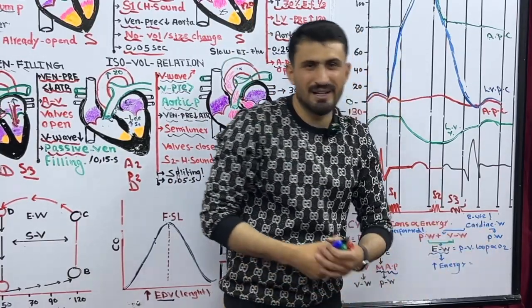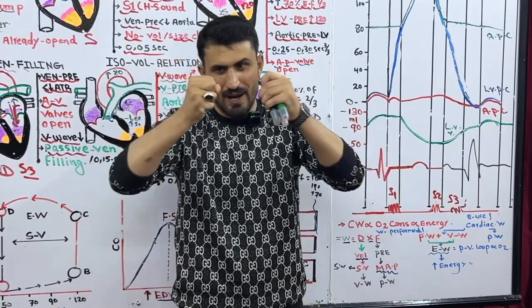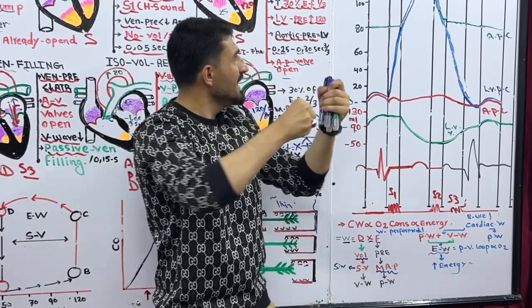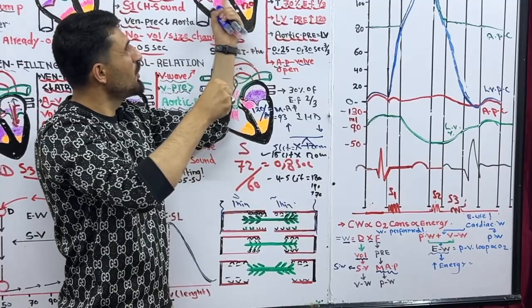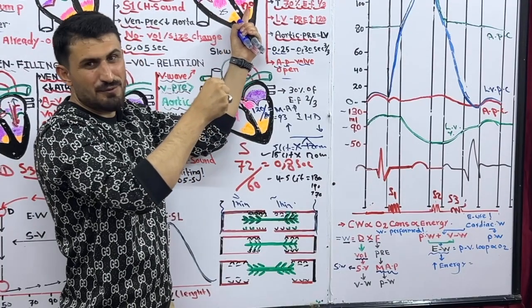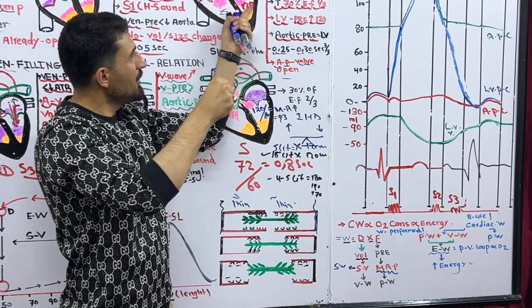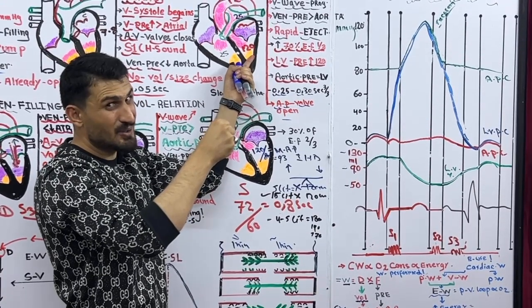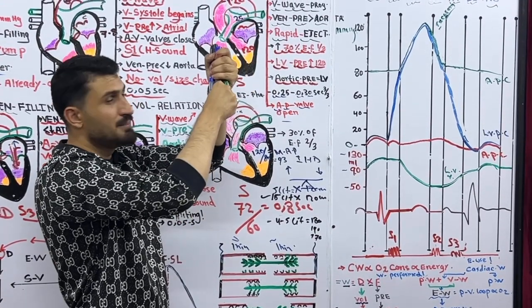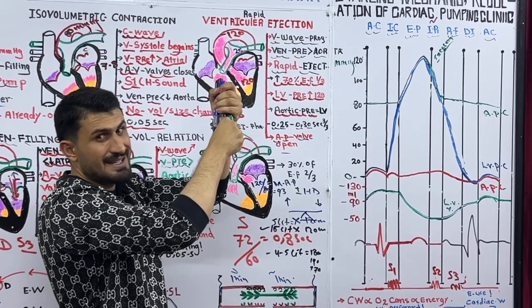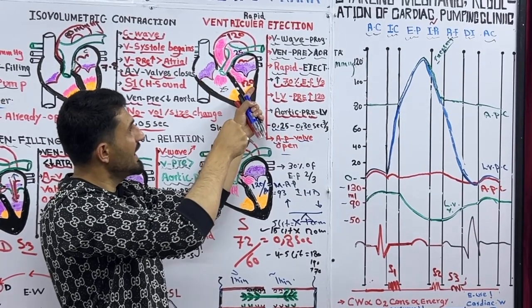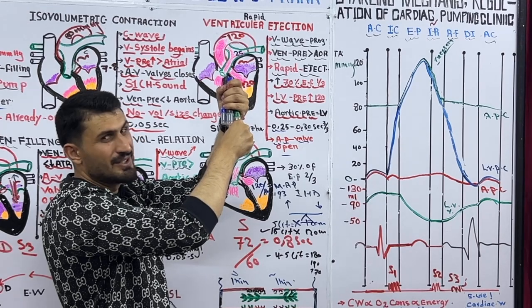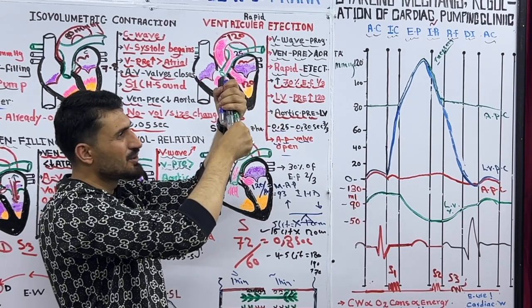And potential work means, for example, when the heart contracts, it does not eject all the blood from the left ventricle. The amount of blood which remains inside the left ventricle is called end systolic volume. Before it ejects all the blood from the heart, the heart goes to relaxation, to diastole.